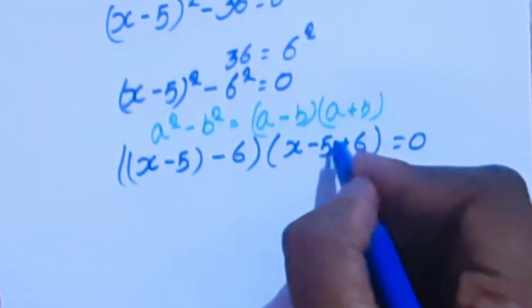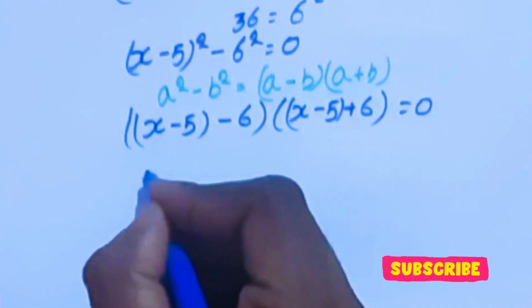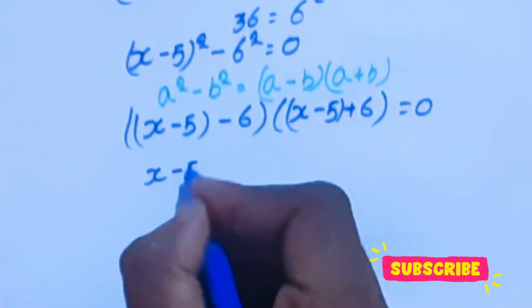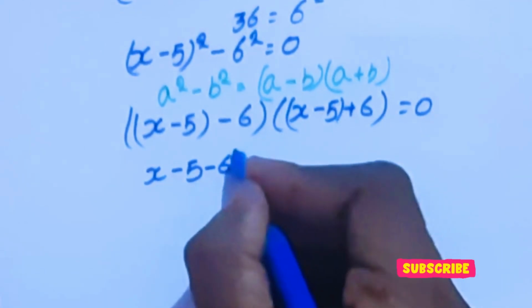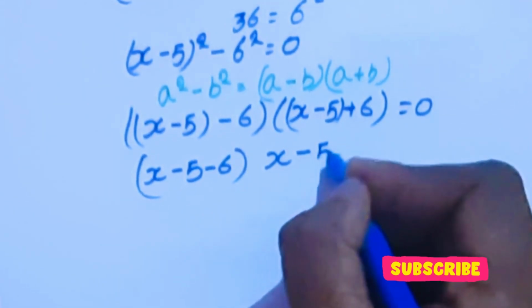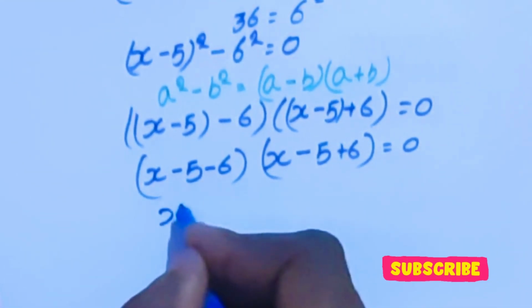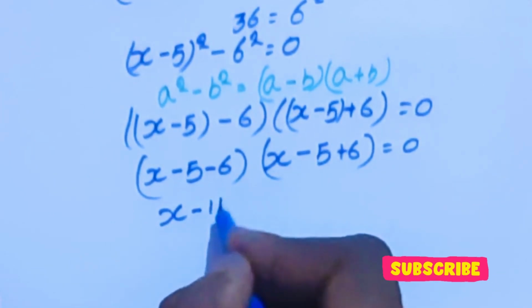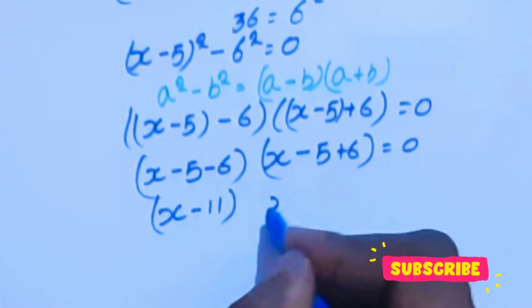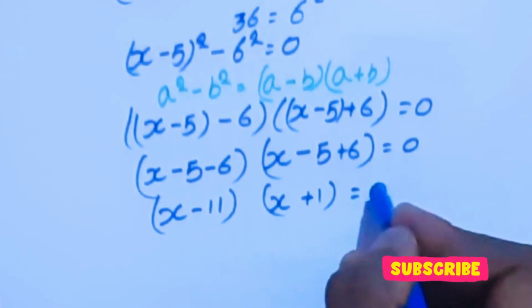Now here x minus 5 minus 6, and here x minus 5 plus 6 equal to 0. Now here x minus 11. Here it is x plus 1 equal to 0.